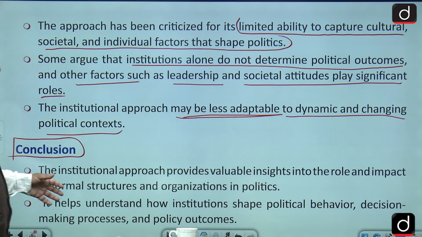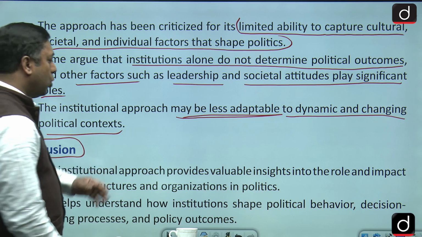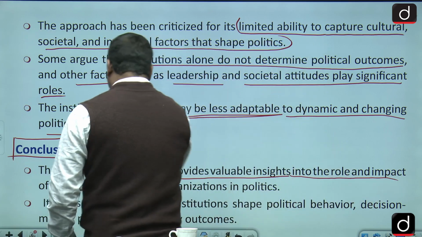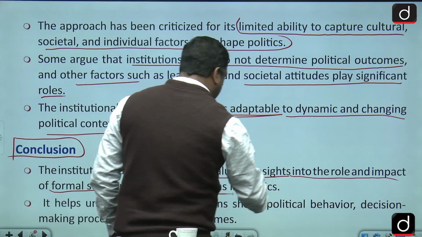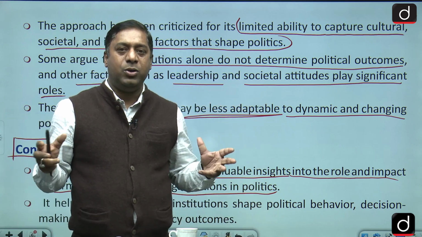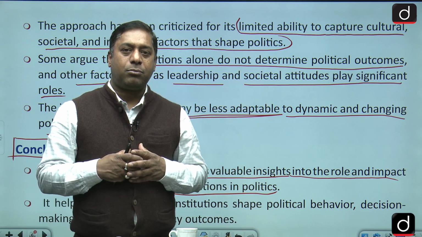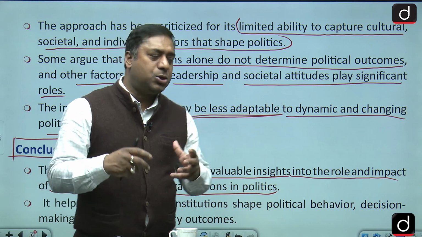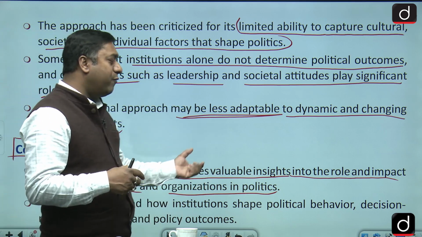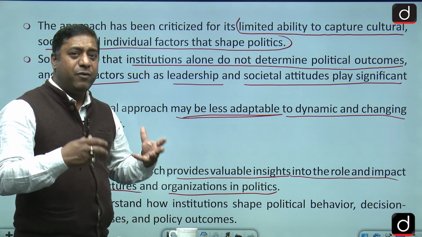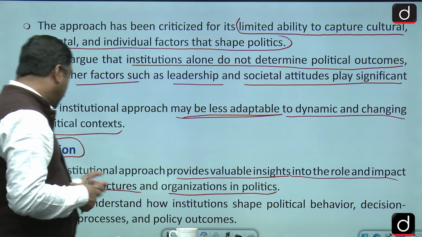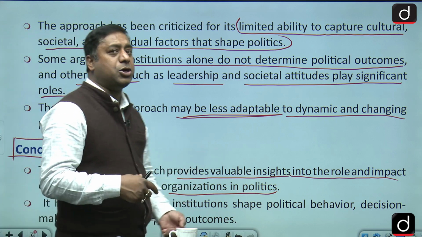Now, conclusion, what it says: the institutional approach provides valuable insights into the role and impact of formal structure and organization in politics. That means from this entire thing, what we conclude is that the institutional approach is providing valuable insights, meaning valuable information with regard to the impact of formal structure and organization in politics.